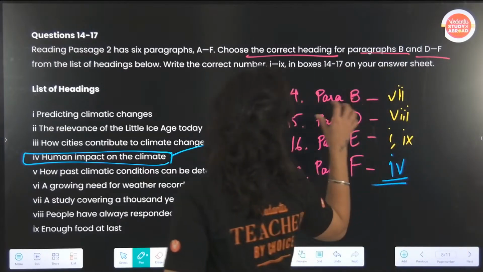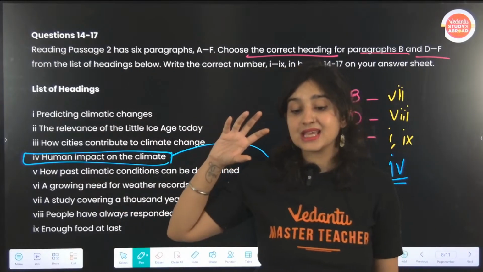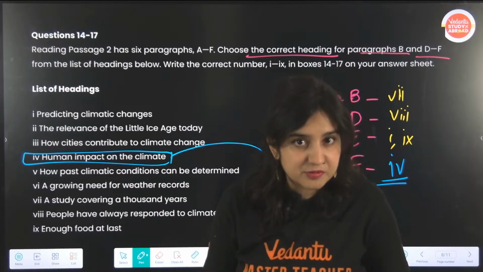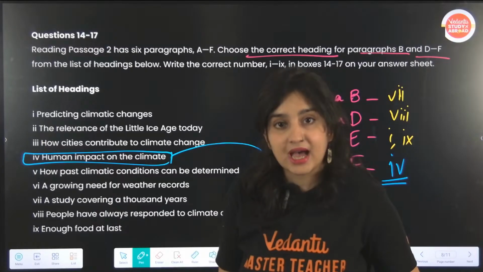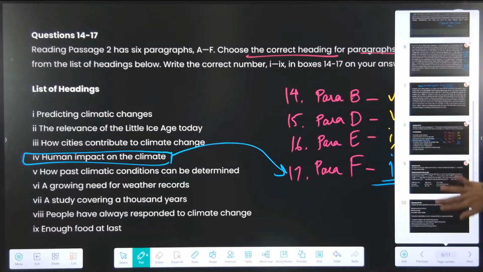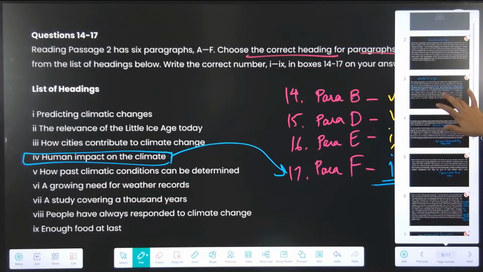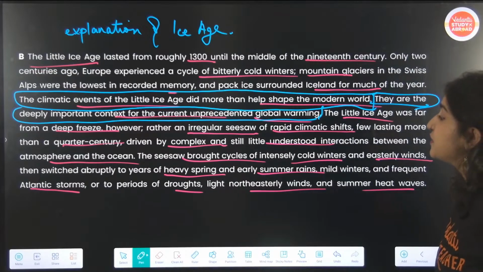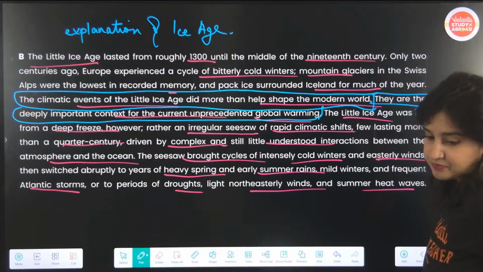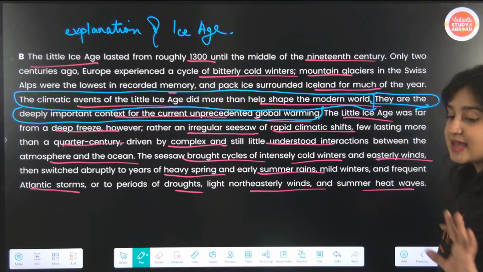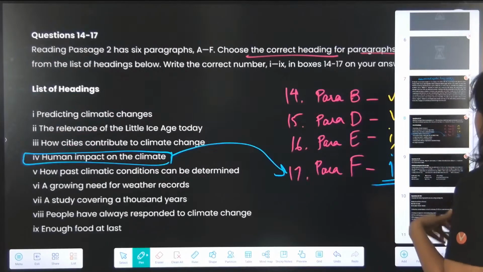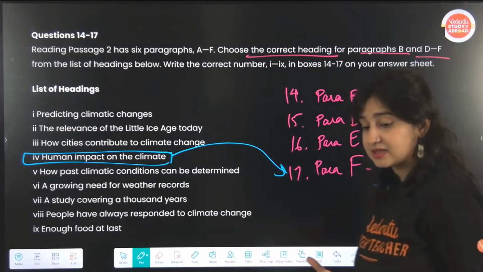I think out of all of these, if you look at para B, what is para B doing? It's explaining the little ice age and telling us why it's important for us to understand it. I highlighted two things for you. What do you see in blue? The climatic events of the little ice age did more than help shape the modern world. They are the deeply important context for the current unprecedented global warming. So this explanation helps us understand why the unprecedented global warming that we are witnessing right now is taking place.